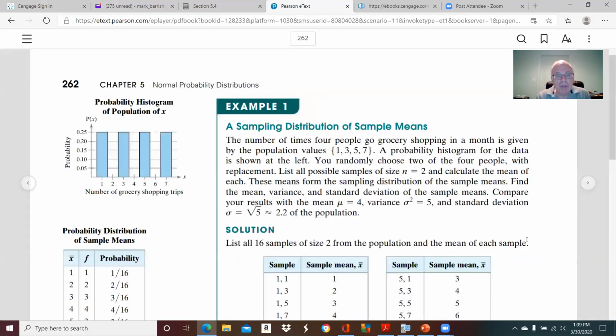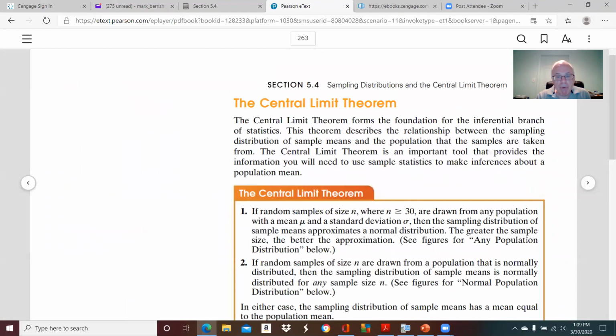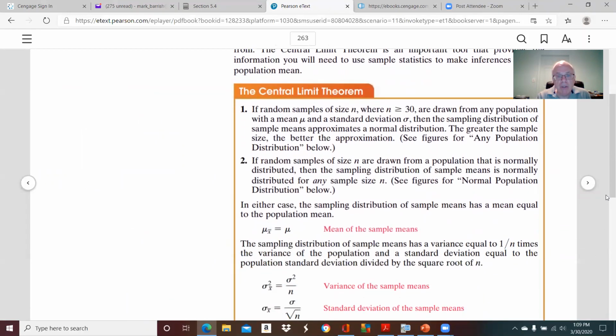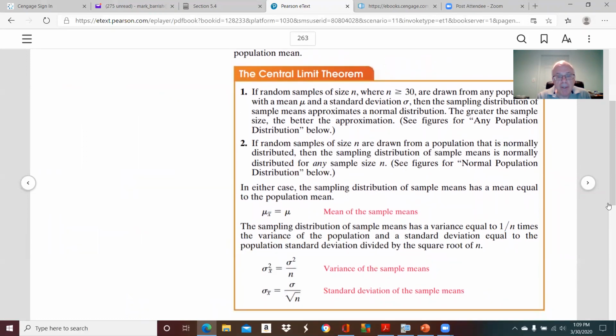Let's see if there's anything else here that would be worthwhile looking at. I'm just going to flip through really quickly. Here is another way of defining the central limit theorem.